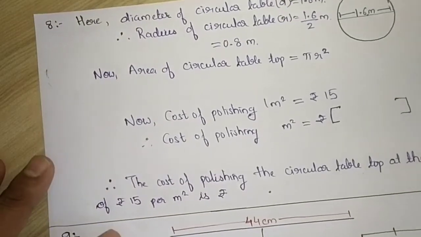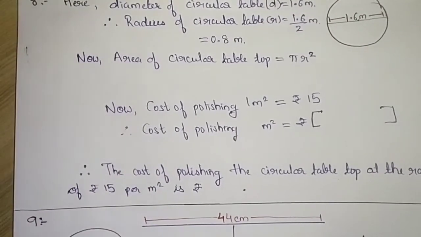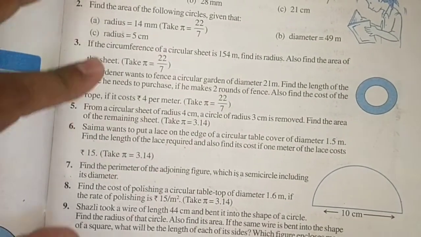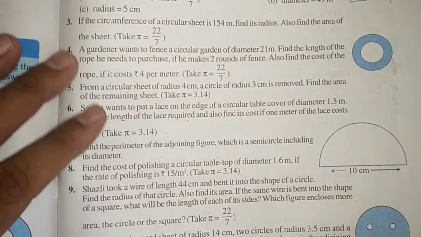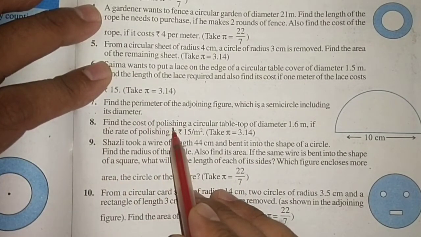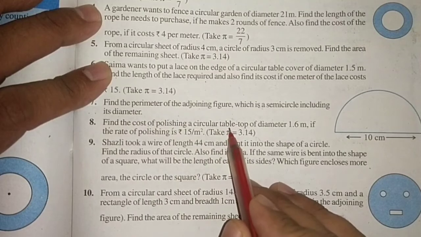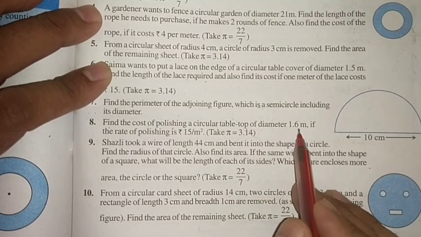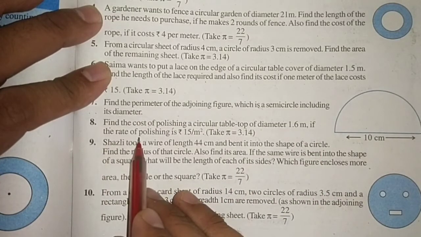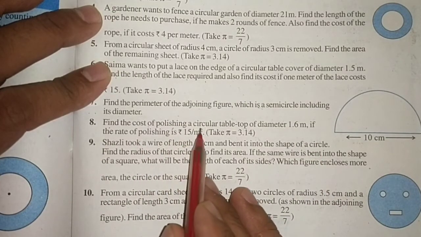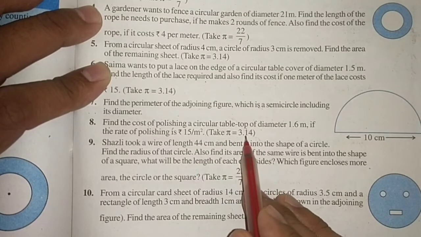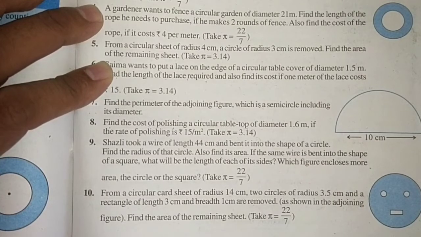Question number 8, let me show you the question. Question number 8 says, find the cost of polishing a circular tabletop of diameter 1.6 meter if the rate of polishing is rupees 15 per meter square, and they have mentioned here pi, we are supposed to take 3.14.